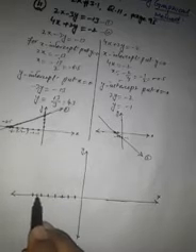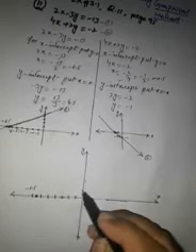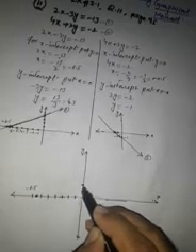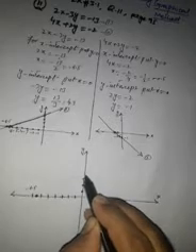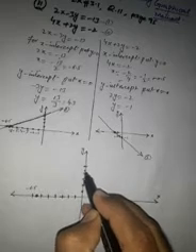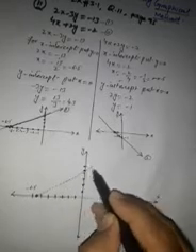So this point here is minus 6.5, and the value of y is 4.3. This is 1, 2, 3, 4, 5. When you connect these points, you get a line.